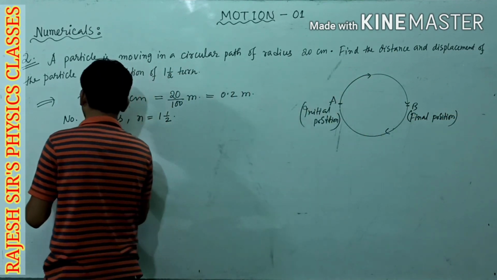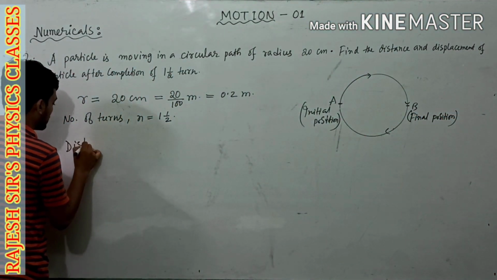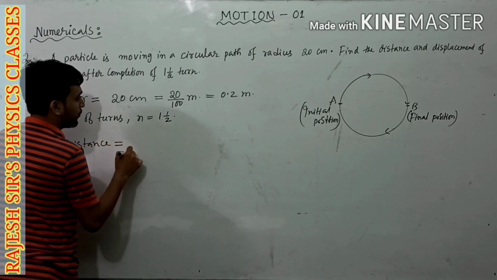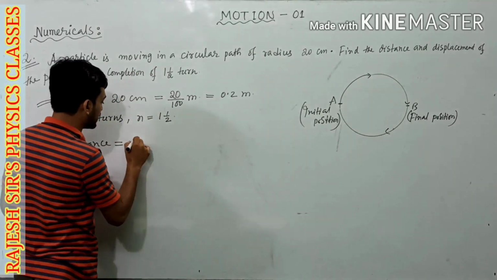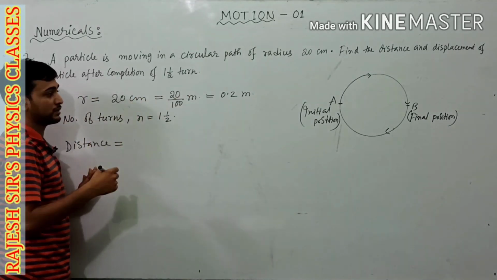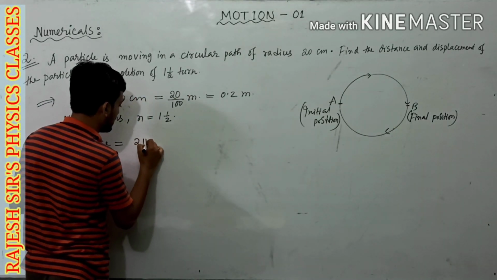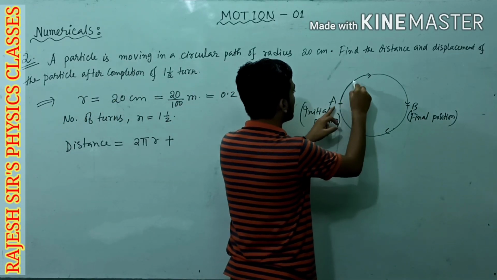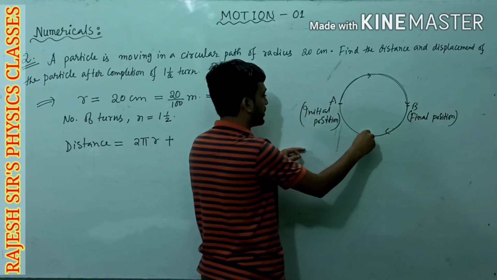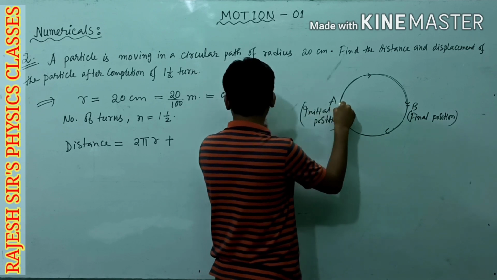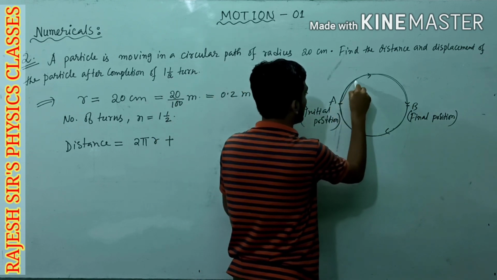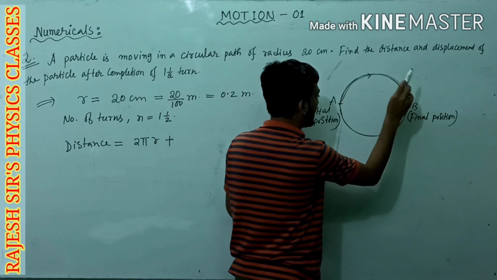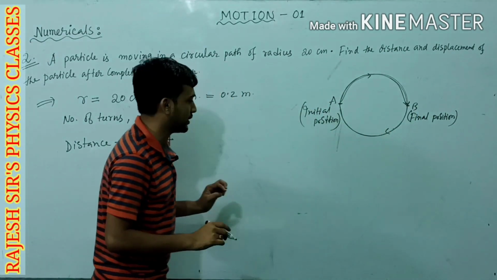So distance will be what? Distance will be, for one complete rotation, circumference of the circular path 2 pi r, plus for one complete rotation it will come back to the initial point A, and for next half rotation it will go to point B, and here it will stop its rotation.